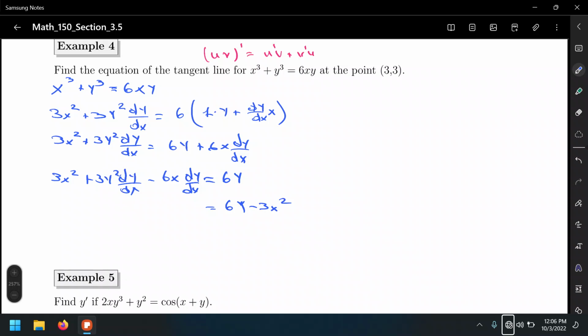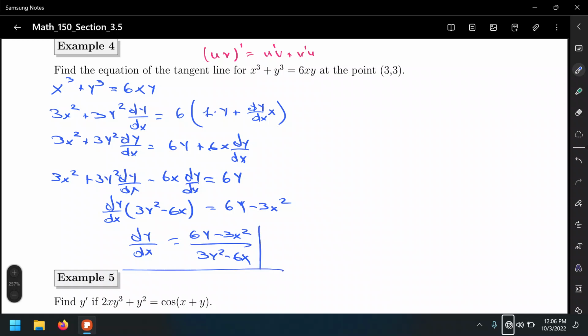At the same time, I'm going to do that factoring, so that's dy dx times 3y squared minus 6x. We're only one step away from getting dy dx, by just dividing both sides by 3y squared minus 6x. So dy dx equals 6y minus 3x squared over 3y squared minus 6x. So that's the derivative.